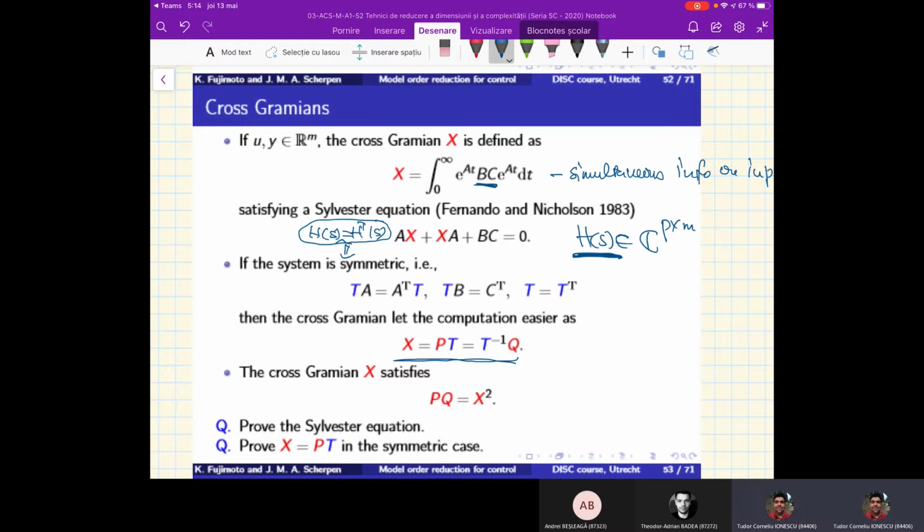So think of a class of systems where this is always the case. H equals H transposed, always. It's under your nose. You just need to think a little bit. Which class of systems always satisfies H(s) equals H transposed(s)?